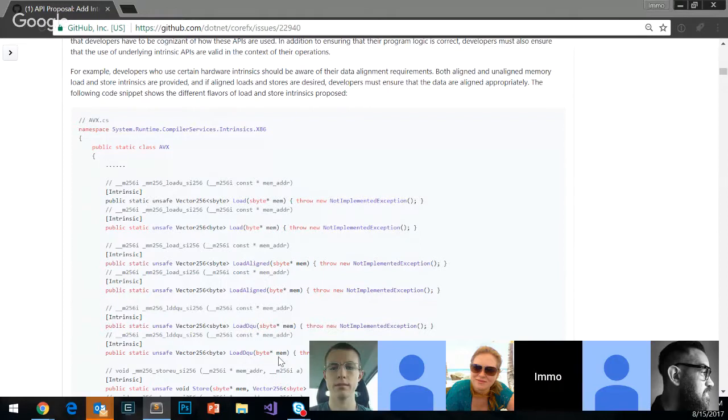We are using load right now to denote whether it's aligned or unaligned, but we could name it load unaligned as well, and then we have load aligned, and then load DQU. So load DQU, it's for double quad words. So we could.